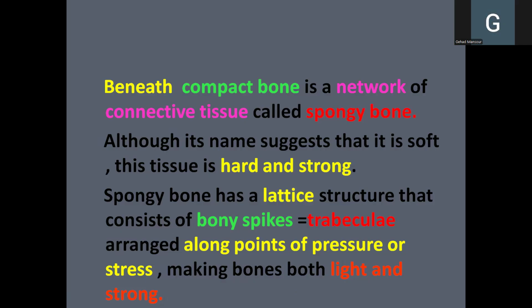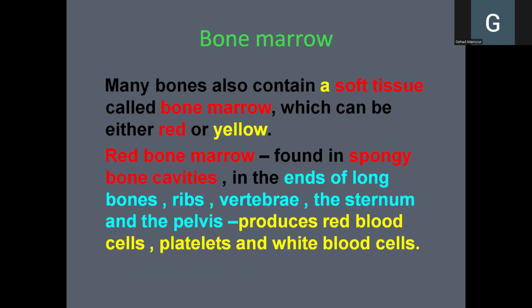So if you do a certain type of muscular exercise, according to the weight distribution and the center of gravity of your body and the movements you are carrying out, there are certain points of the bone that withstand more pressure than the others, and therefore, along those points of pressure, we will find more trabeculae. But the presence of the spaces helps the bone be lighter.